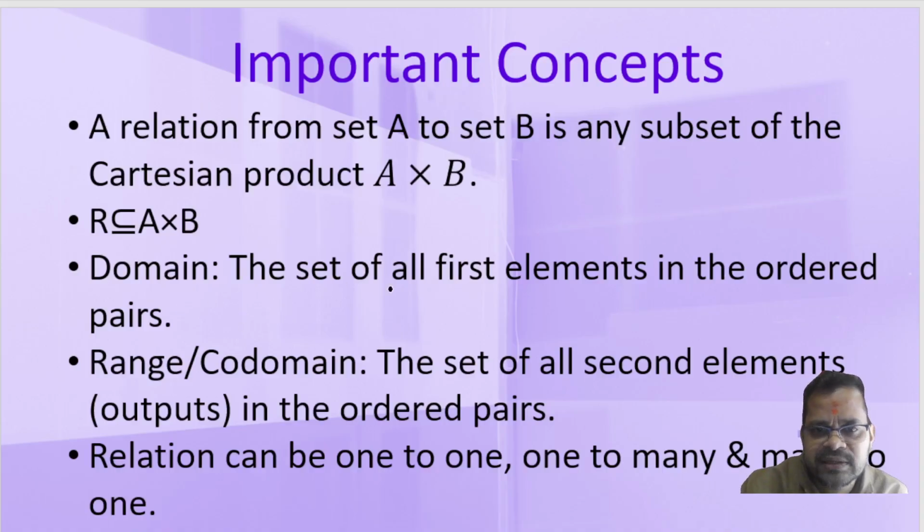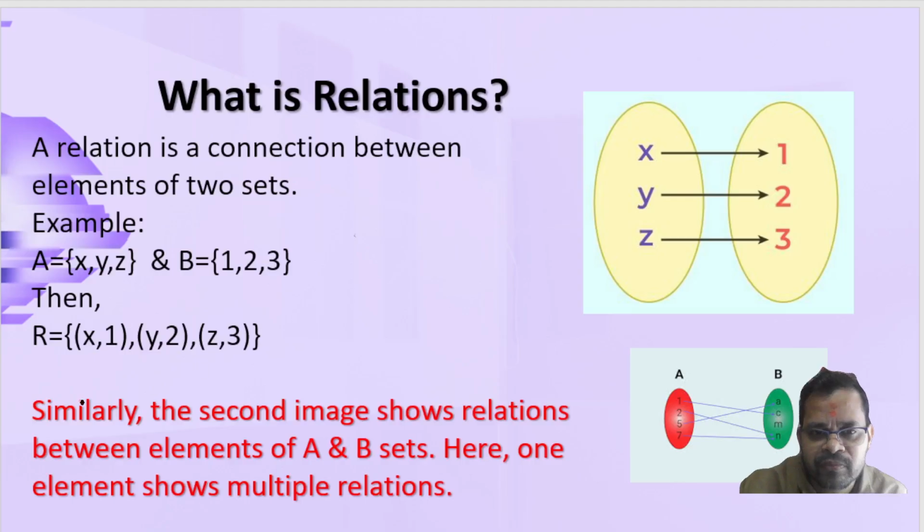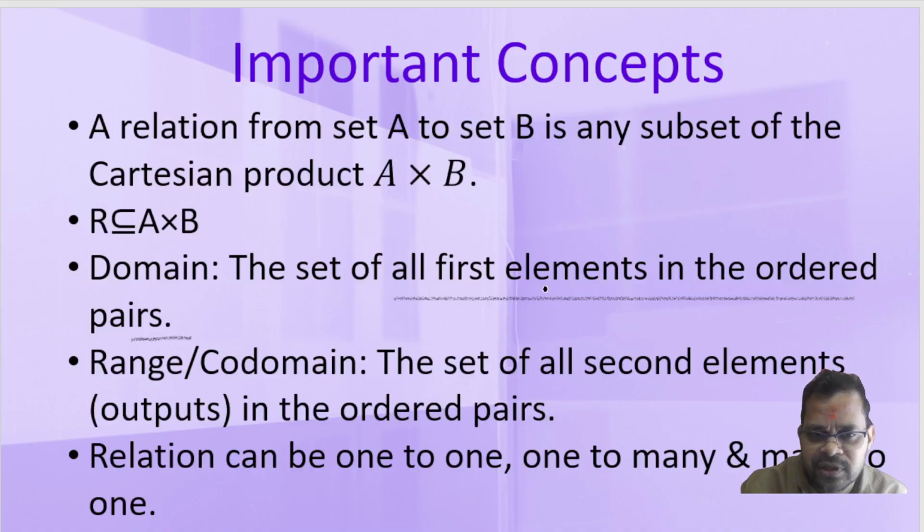The domain is the set of all first elements in the ordered pairs. So what is the first element? Can you find it here? (X, 1), (Y, 2), (Z, 3). The first elements are X, Y, Z. So this is the domain. And what is the range or codomain?